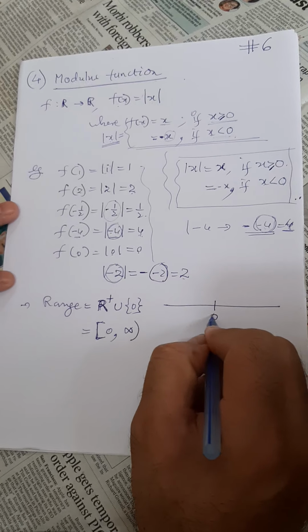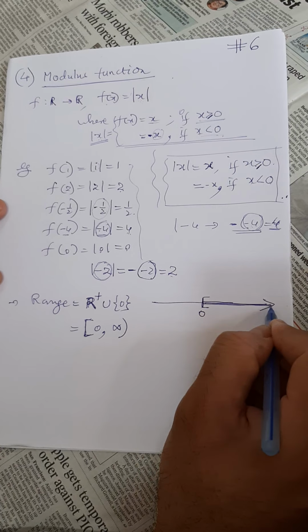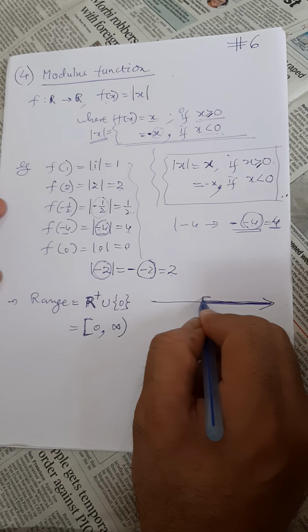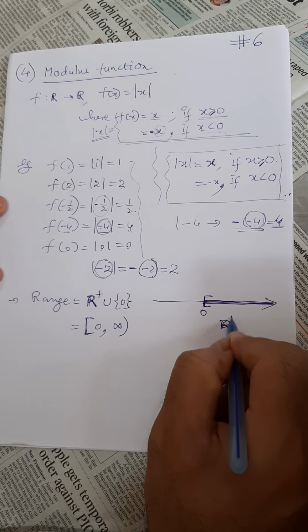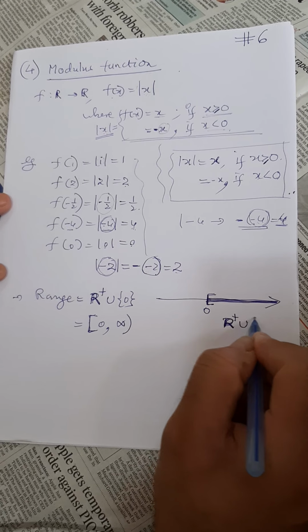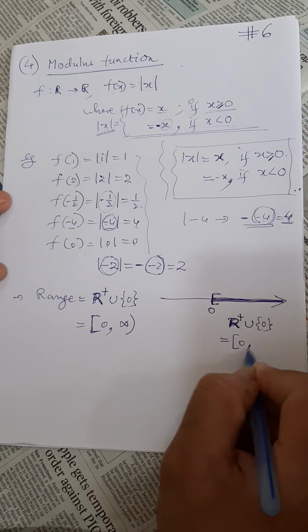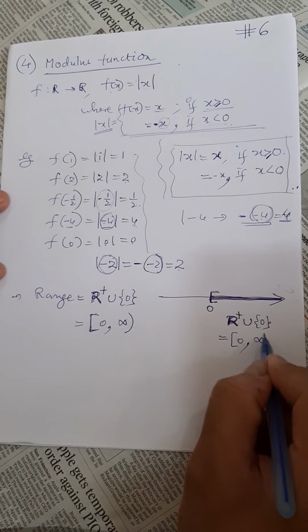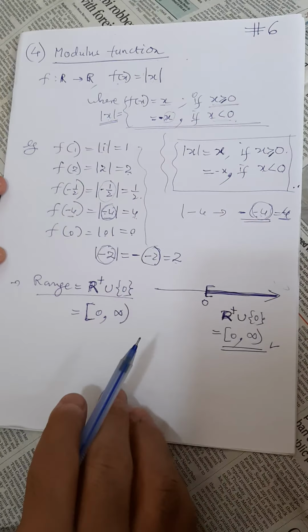Suppose there is a real line here, 0, and all these numbers go to infinity. This is called R plus union 0, including 0. R plus means positive real numbers, with 0 as union 0. Or this is the same as closed 0 to plus infinity, like this. So this is the range of the modulus function.